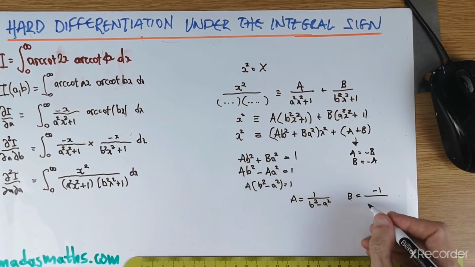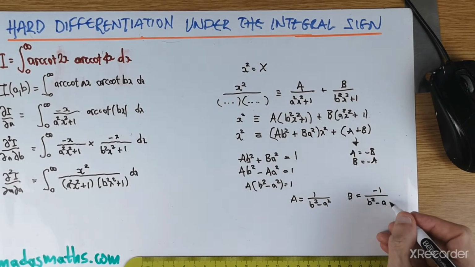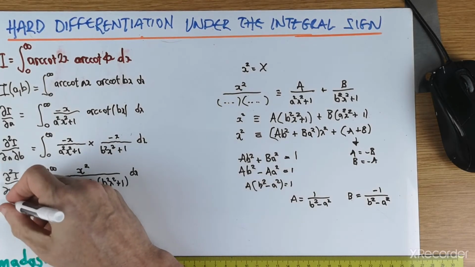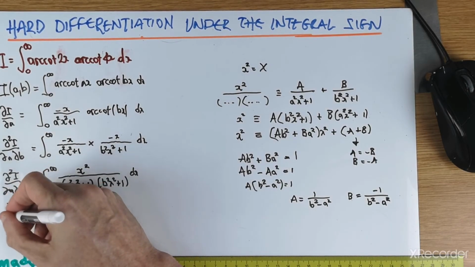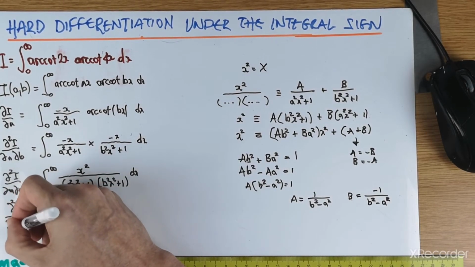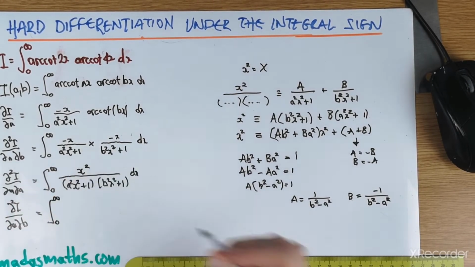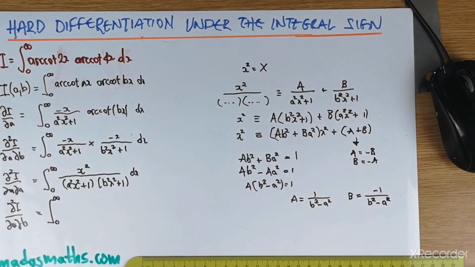I could have swapped it, but I prefer to have the same thing because I almost certainly will factorize it out. So what do we have so far? I think we can just do another line here, dA by dB, and not to infinity. And I'm going to factorize it on this line.